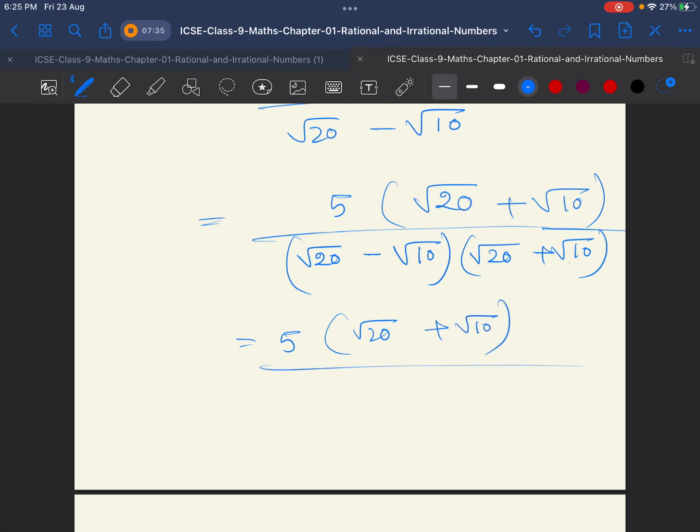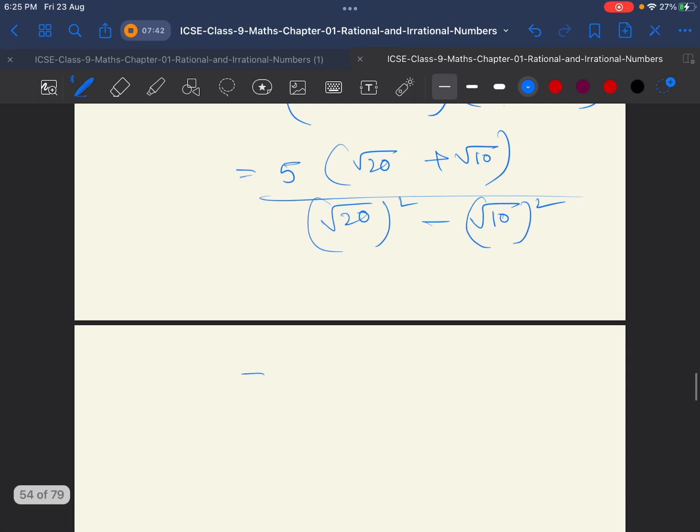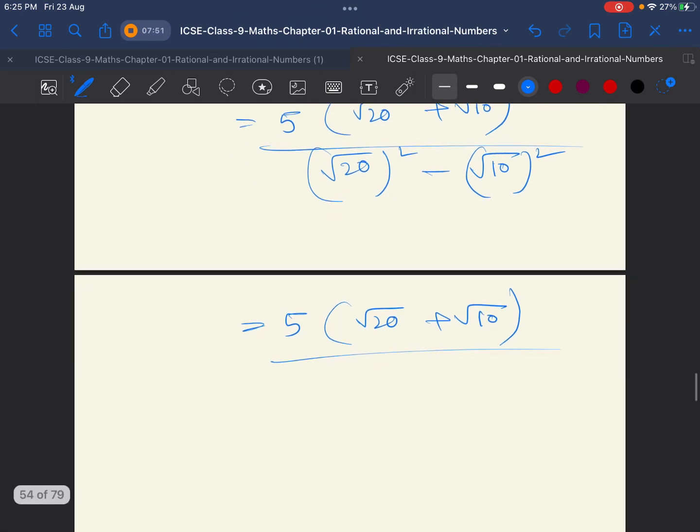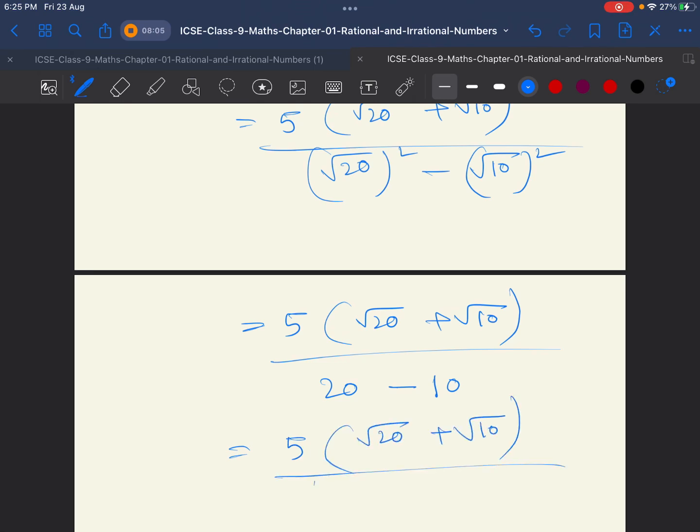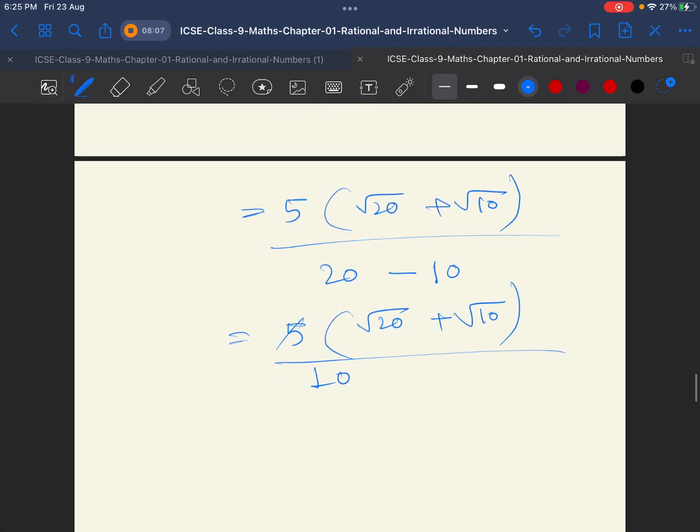Now this is a plus b, this is a minus b, so a square minus b square. Okay, so 5 root 20 plus root 10 by, so we can write root 20 square means 20 minus root 10 square is 10. So 5 root 20 plus root 10 by 20 minus 10 is 10.